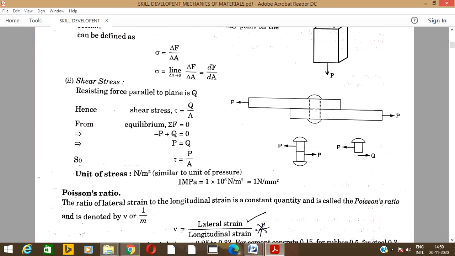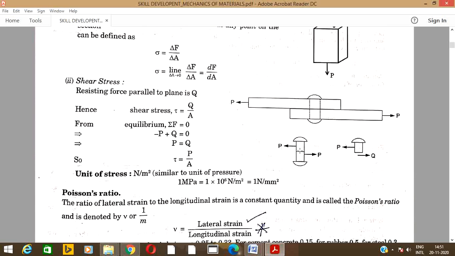This force P is resisted by this circular section of the rivet. You can see that this force P we can transmit on this section and on this section.